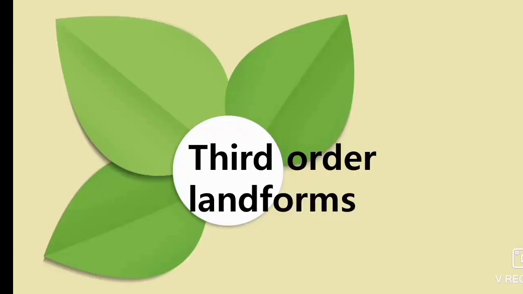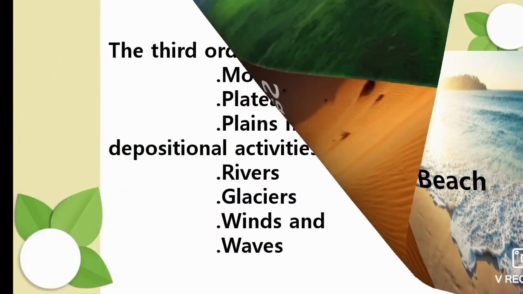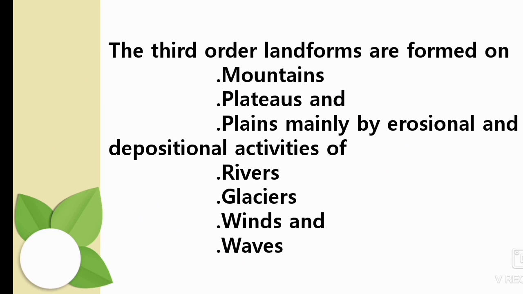Students, next we are going to learn about third order landforms. The third order landforms are valley, sand dune and beach. The third order landforms are formed on mountains, plateaus and plains mainly by erosional and depositional activities of rivers, glaciers, wind and waves.